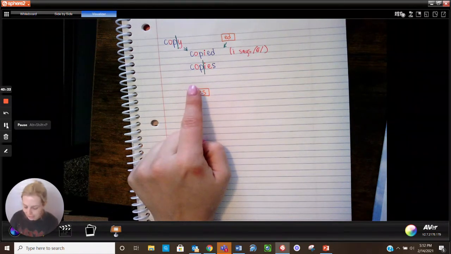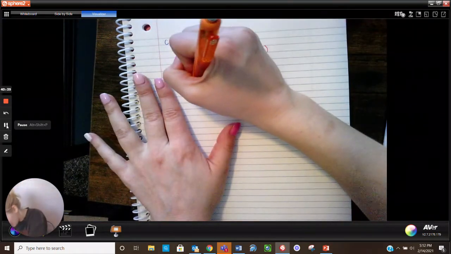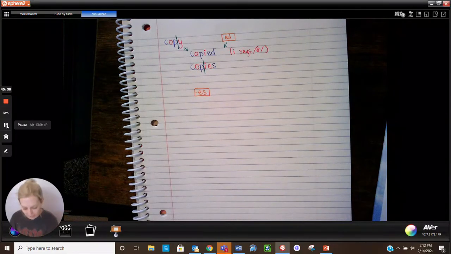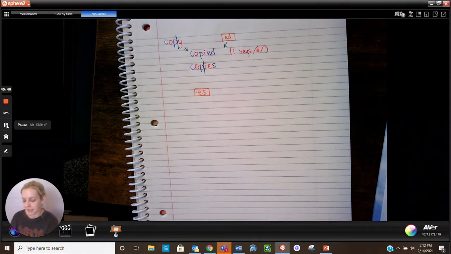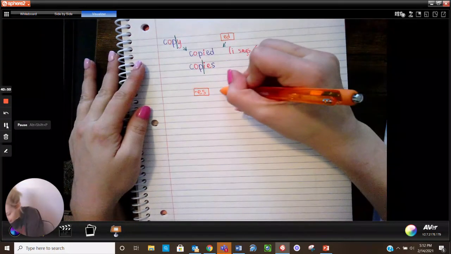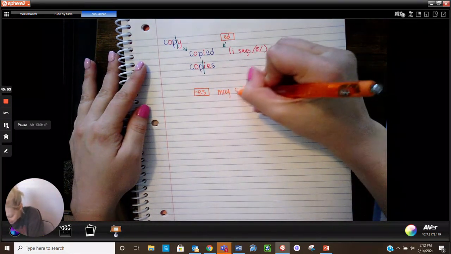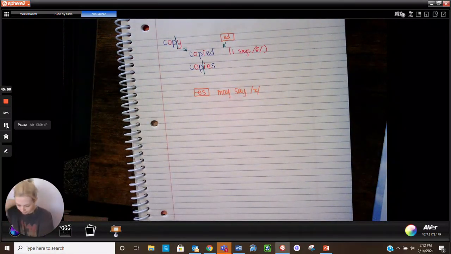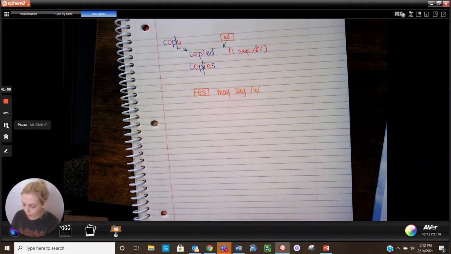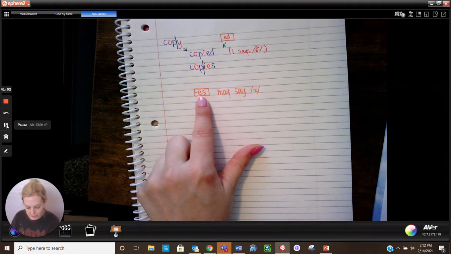What sound is the suffix ES saying in copies? It's saying the Z sound. Good. Is that voiced or unvoiced? That's a voiced sound. So I'm going to write that it may say Z. When the suffix es is added to words, it sometimes acts like a phonogram that says Z.